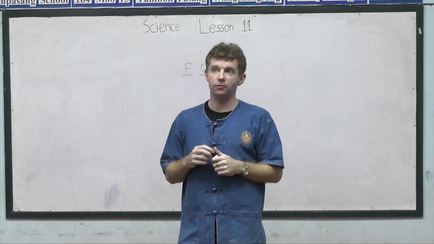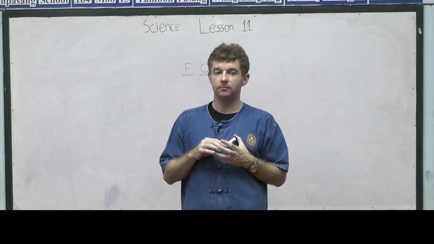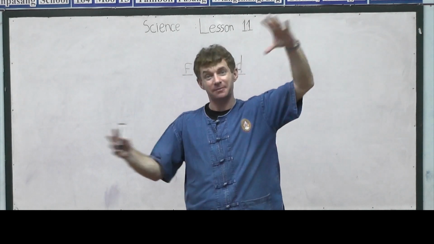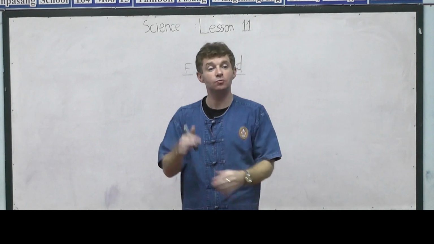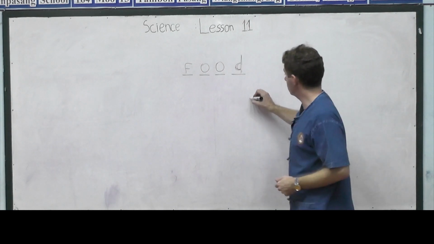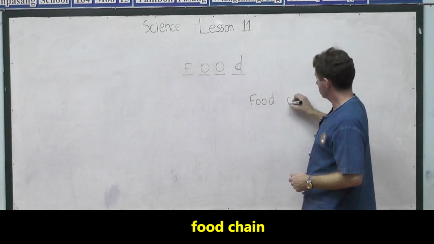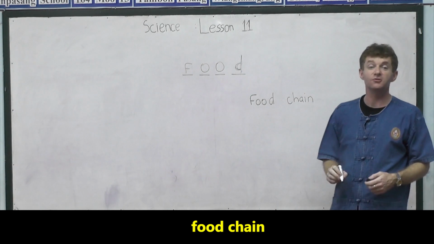How about fish? What do fish eat? Exactly. Sometimes the animals eat themselves, like big fish will eat smaller fish. This is what we call, do you know anything about food chain?